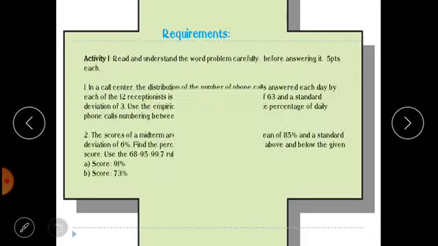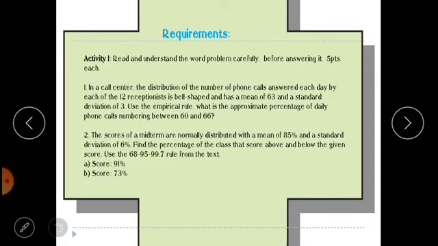Okay, so yan, dito nagtatapos yung part 2 ng ating data management, probabilities, and normal distribution. So, for our requirements class, pakilagay sa yellow paper, no? So, meron lang 2 items na tanong, class.